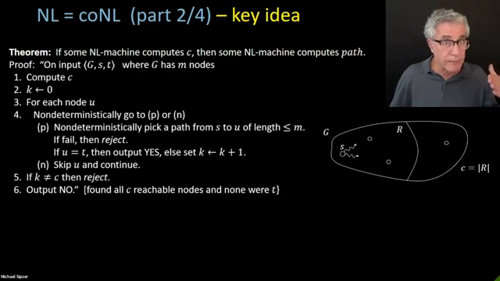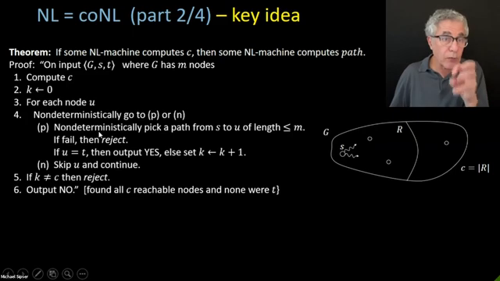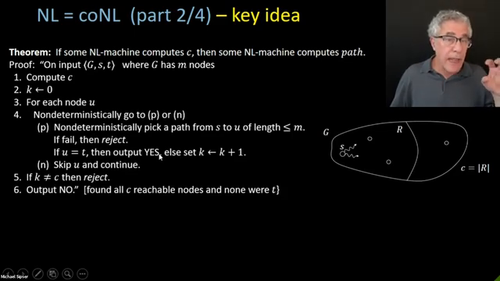So if you know T is reachable, and you guess U is reachable, at the point when U equals T, you will end up outputting yes. The only way you could not output yes is if you guess that node is unreachable.